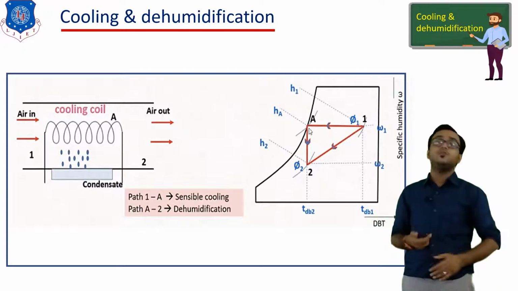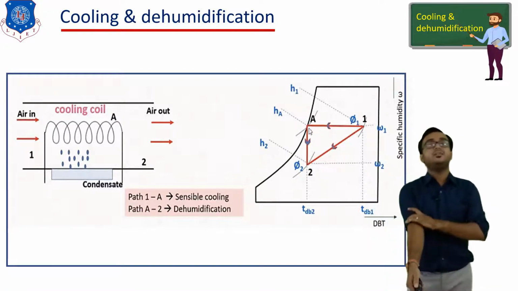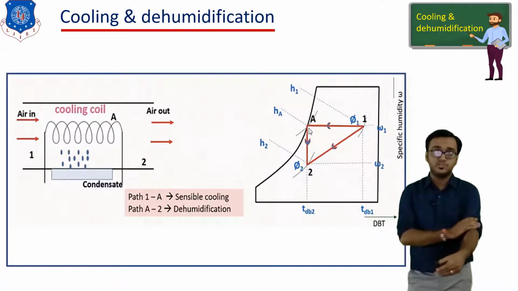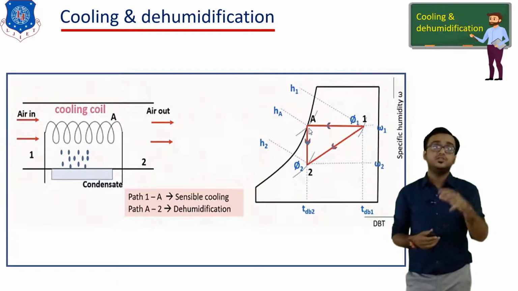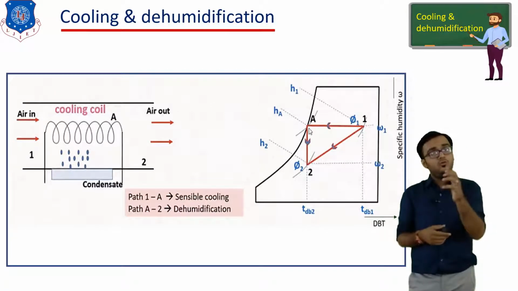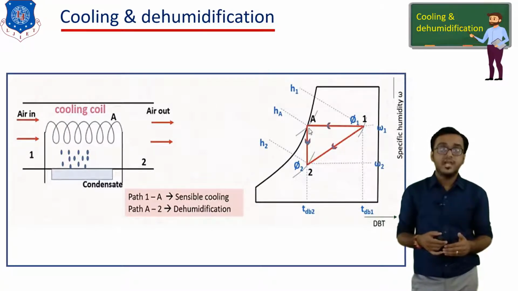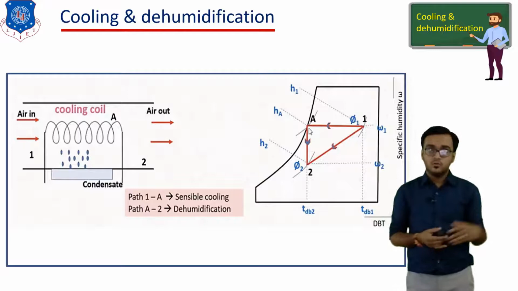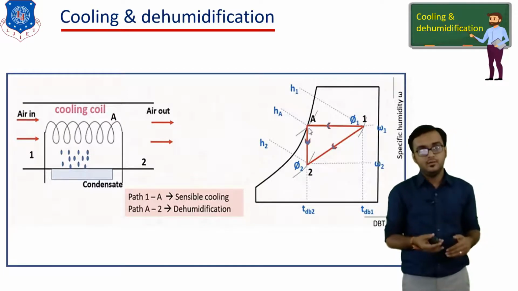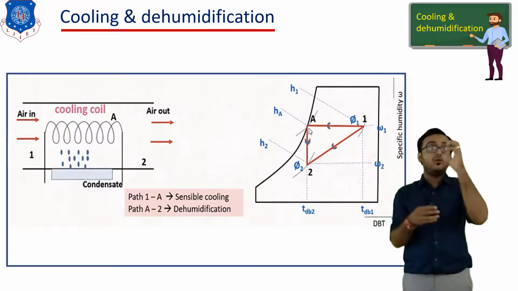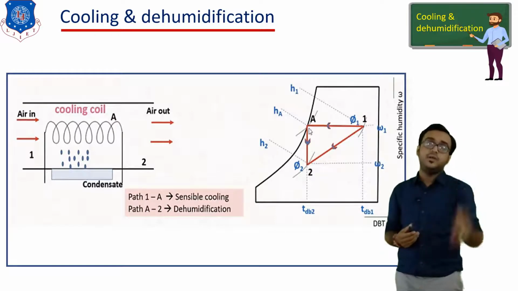Now what about the dehumidification? As I told you, the dehumidification process is the process during which we are removing moisture from the air. So how to remove moisture from the air? Okay, tell me how to remove moisture. To remove the moisture from the air, we need to focus on one psychrometric term called dew point temperature.